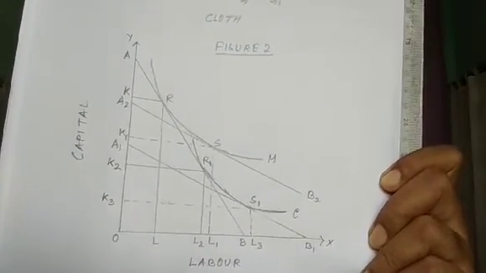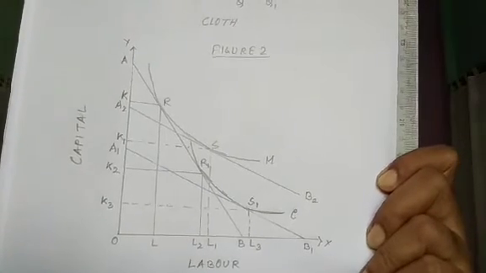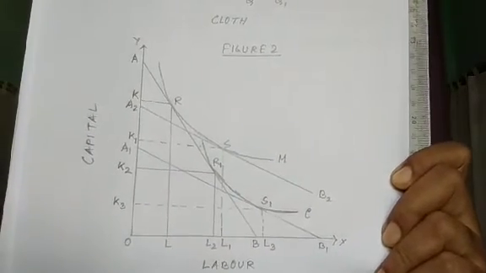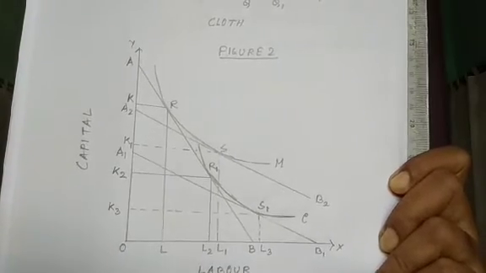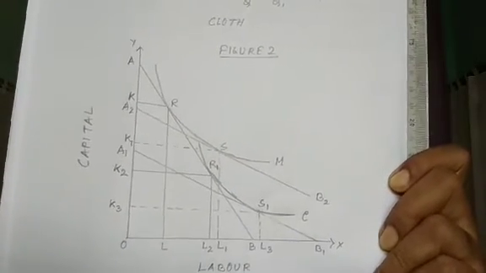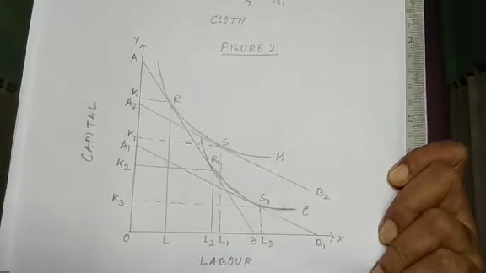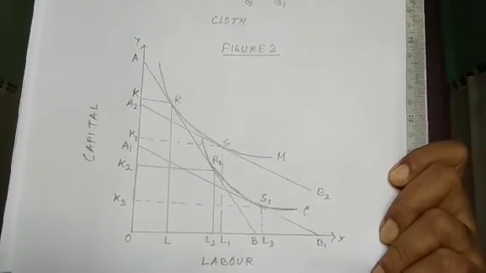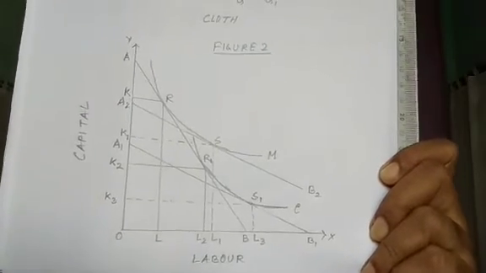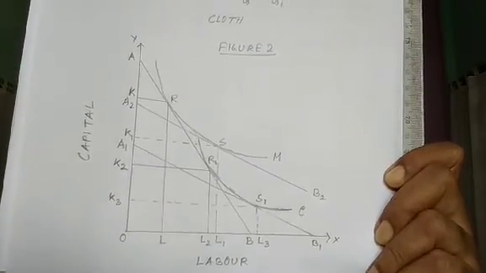For country B, given the A1B1 factor price line, the point of tangency between A1B1 and isoquant C is S1, where country B requires OK3 amount of capital and OL3 amount of labor to produce 1000 meters of cloth.